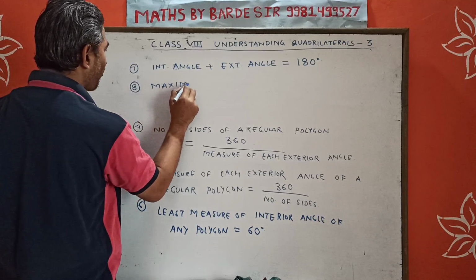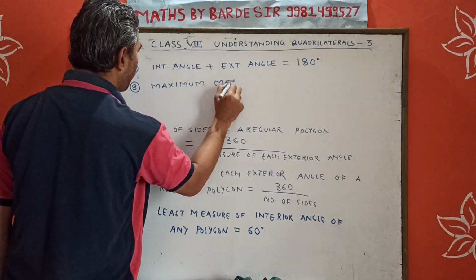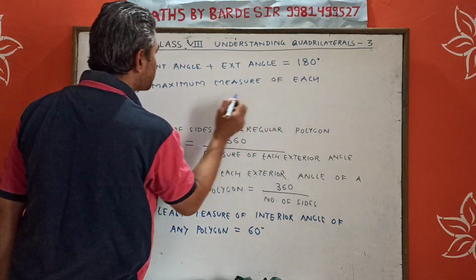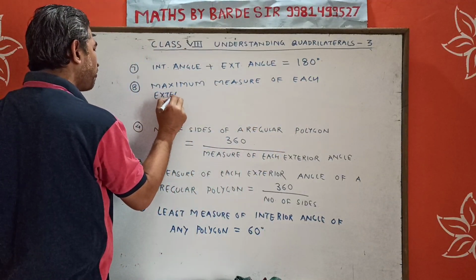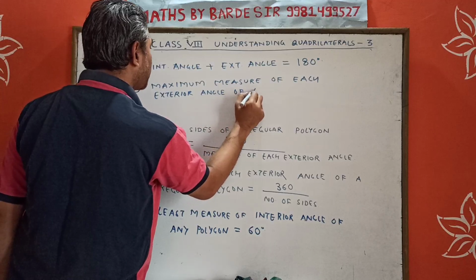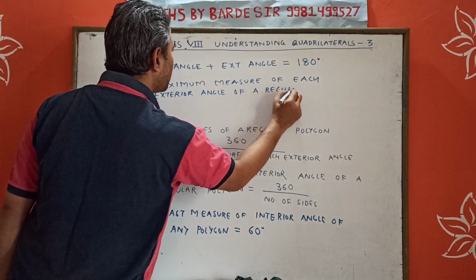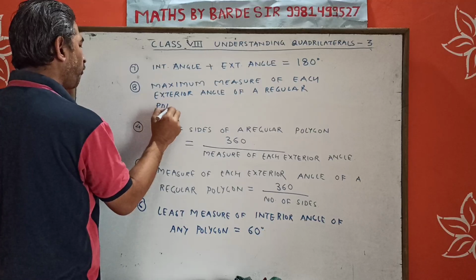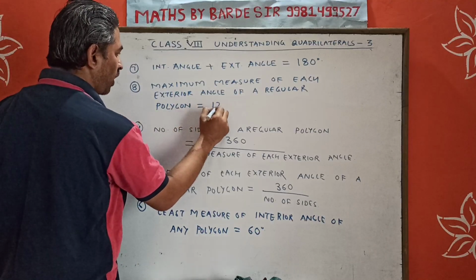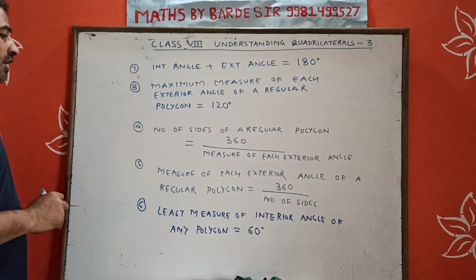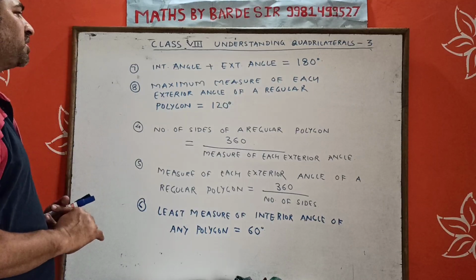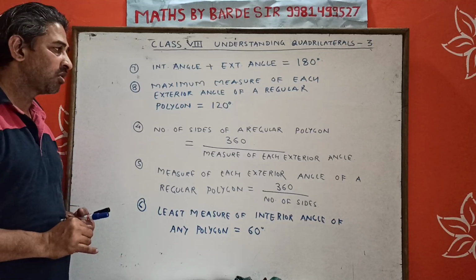Maximum measure of each exterior angle of a regular polygon is equal to 120 degrees. Least measure of interior angle is 60 degrees and maximum measure of each exterior angle of a regular polygon is equal to 120 degrees.